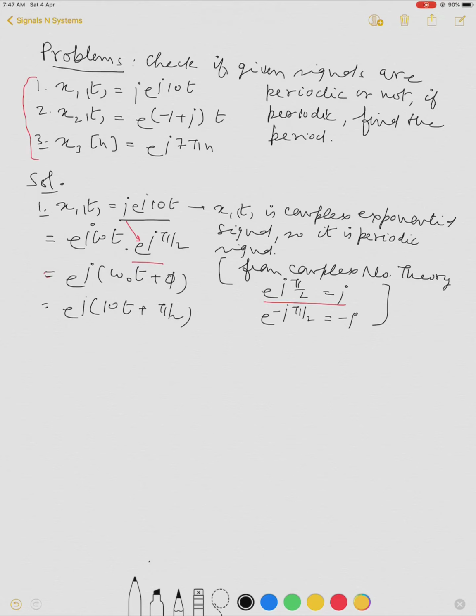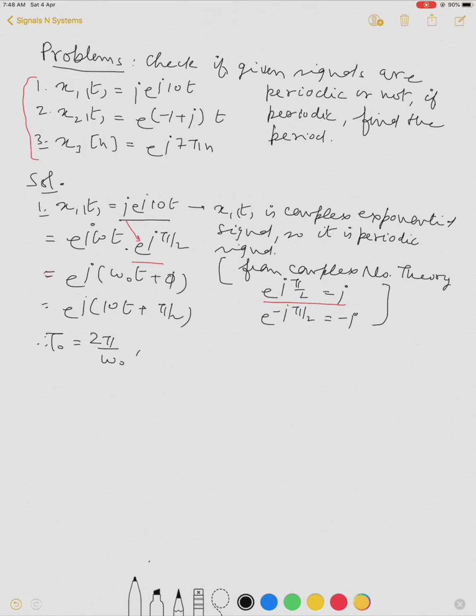From our earlier lecture we know that once you have a complex exponential, the period is very simple. For a complex exponential signal, the period T naught is equal to 2 pi upon omega naught.